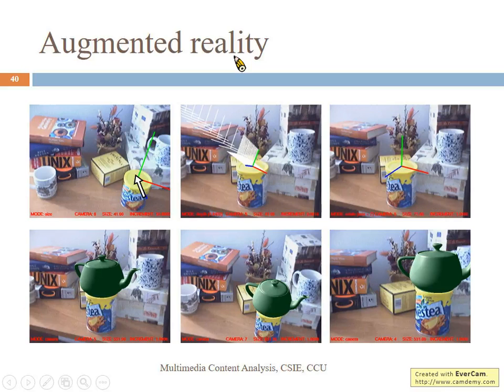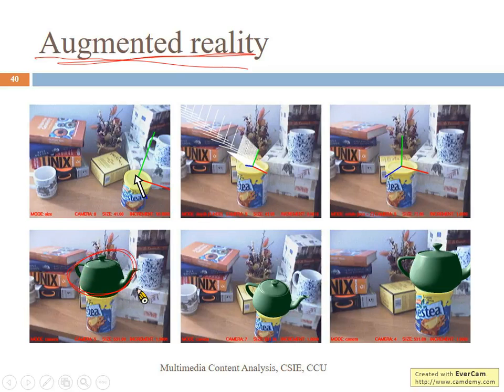The SIFT descriptor can also be used in augmented reality. If we try to put a virtual object on this can, first we need to construct the model. We can construct the model, and then we can put the virtual object on the can.